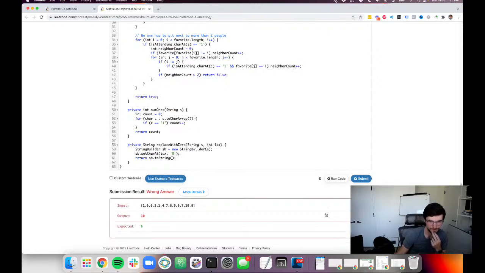Okay. This is going to be a pain to debug, though. In a case like this, we can draw out the graph.